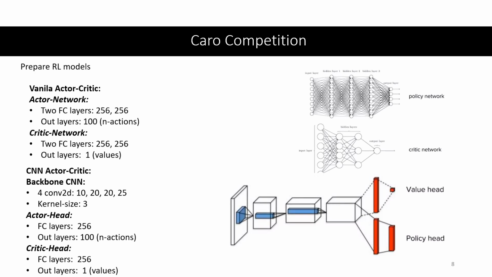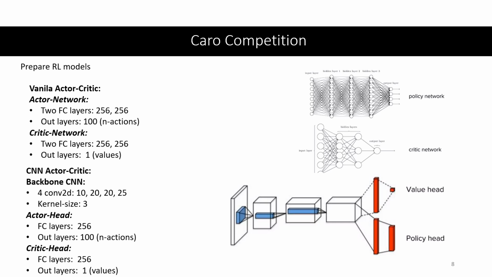For my model, I prepared reinforcement learning models. I have two models. The first is a vanilla actor-critic network. The actor network has two fully connected layers with hidden sizes of 256 and 256.